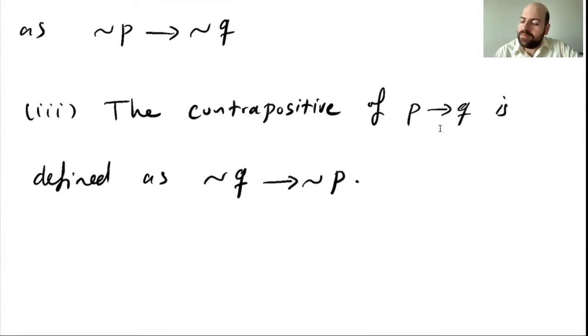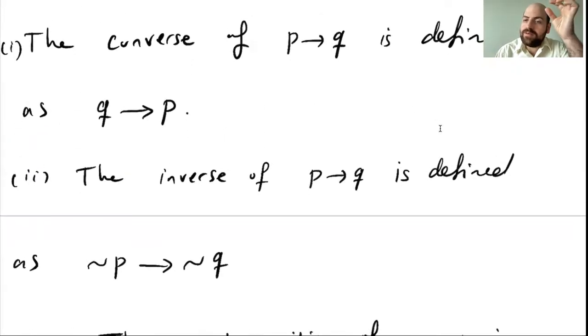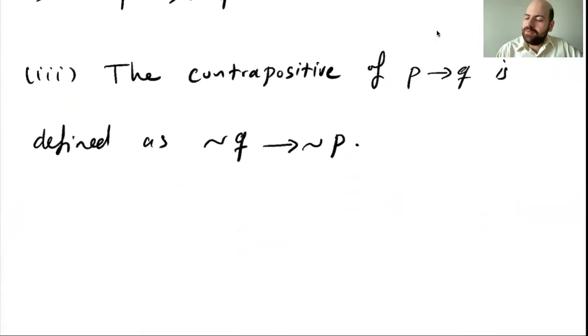Okay, so I'll give examples for each case. But the important thing to know is that, in my experience, students always get confused about a statement and the converse of a statement. So if a conditional statement is true, the converse of that statement does not have to be true. Okay, so this is a very important remark. So let's look at an example.